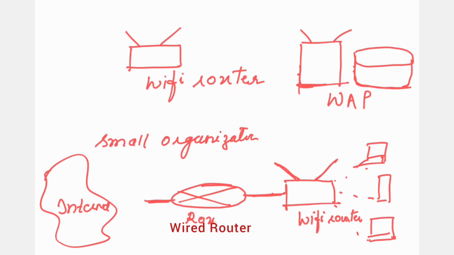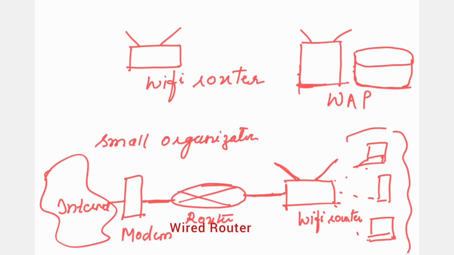Let's assume this is the organization router. A router can be inbuilt into the modem also, or a modem can be separately placed here. So the router is getting connected to the Wi-Fi router, and all these devices, like a LAN or local area network, can have the wireless connection and start accessing the internet. This will happen in a small organization or home. So that way we can use the Wi-Fi router.